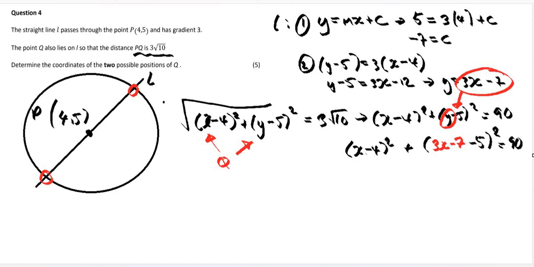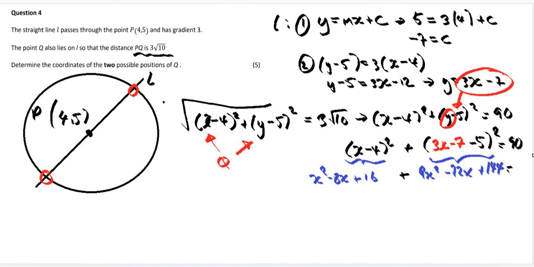Now I've got an equation that only has x's in it. Expand out my brackets. So this one becomes x squared minus 8x plus 16. And add to that this bracket expanded, and that's going to give me 9x squared minus 72x plus 144.